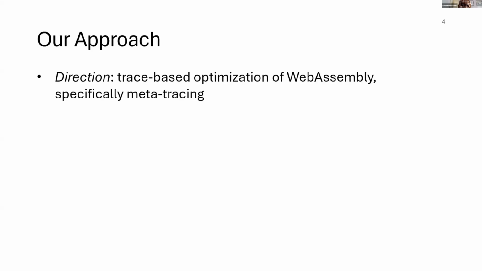Our approach is based on trace-based optimization, and specifically meta tracing is a subtopic that's aimed at improving the performance of these interpreters. So what happens in the scenario is we collect traces of WebAssembly programs. Using those traces, we create optimized fragments for hot regions of code, and then we insert these optimized fragments into new optimized programs.